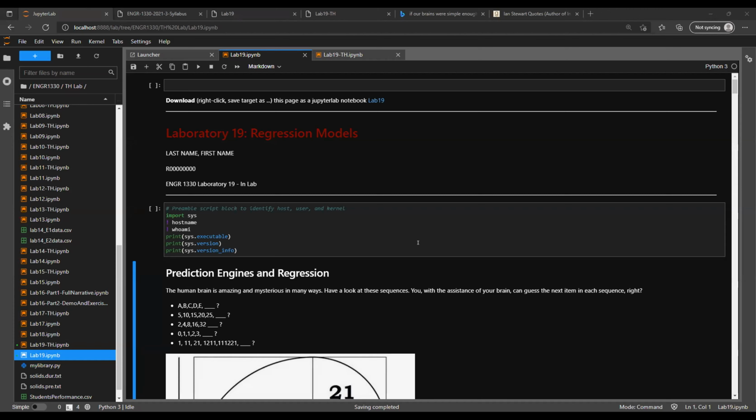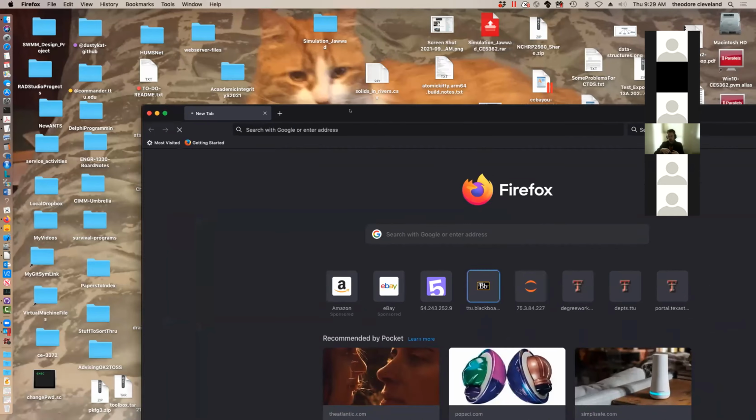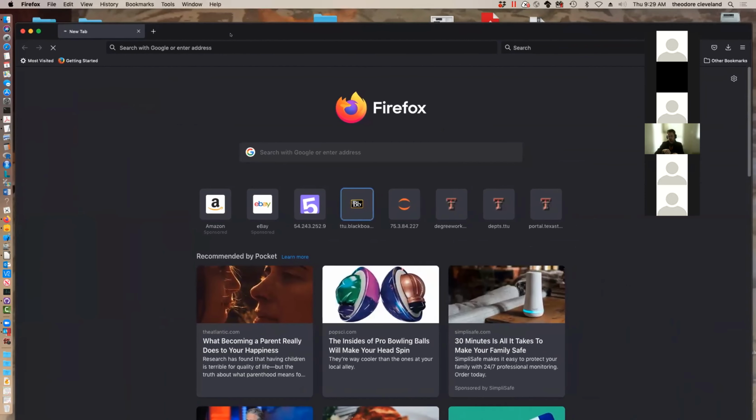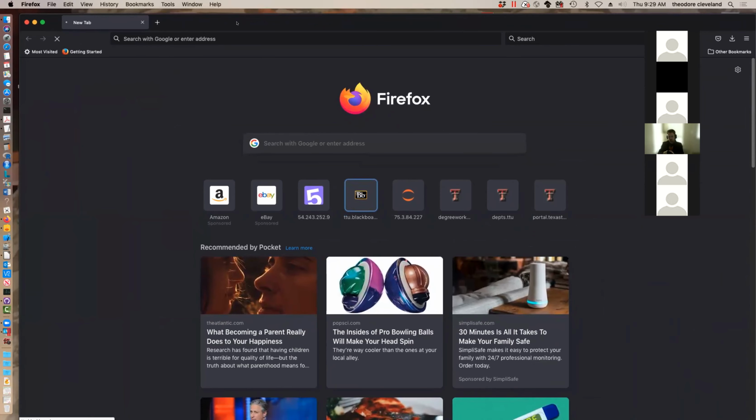Okay, before you start, let me share my screen. I want to show something. So this is what I was talking about in class today regarding Blackboard. I guess it just doesn't want to work. That is really annoying.